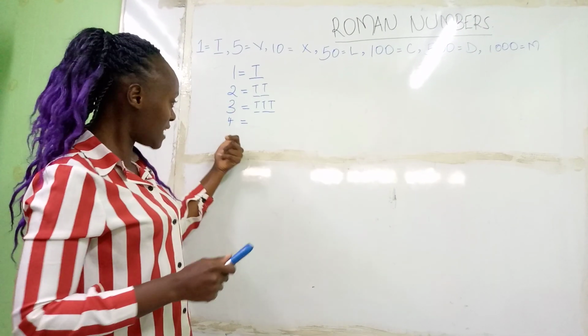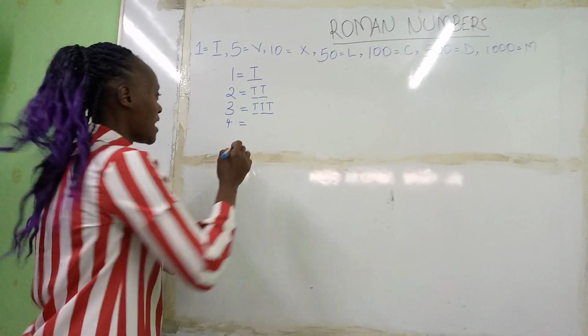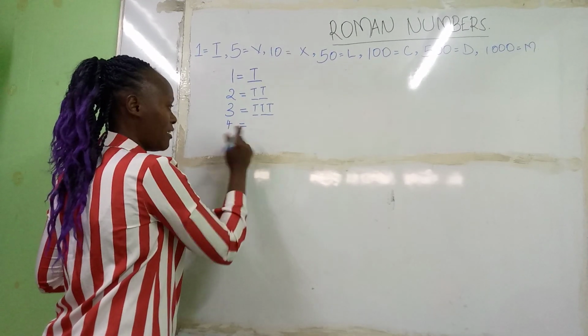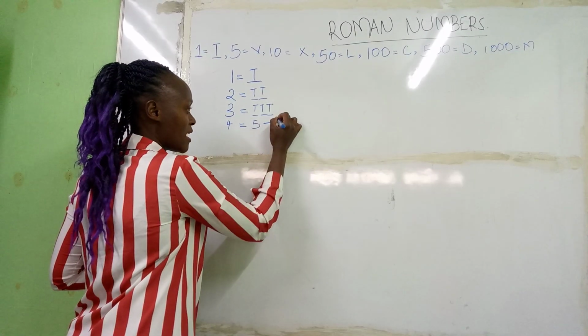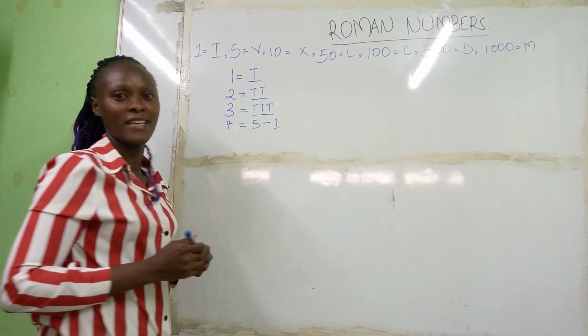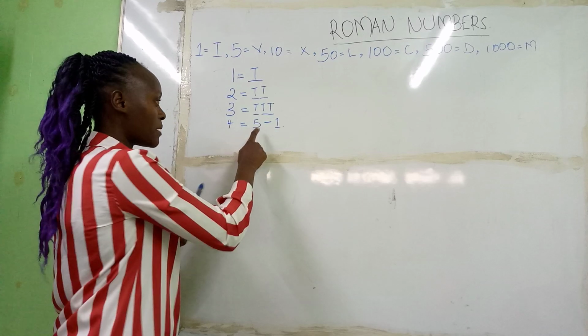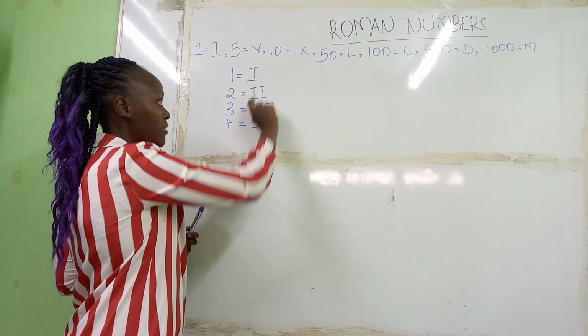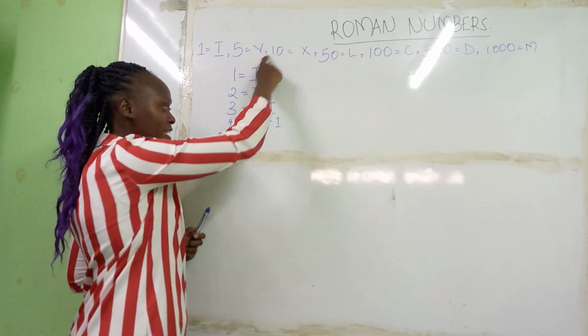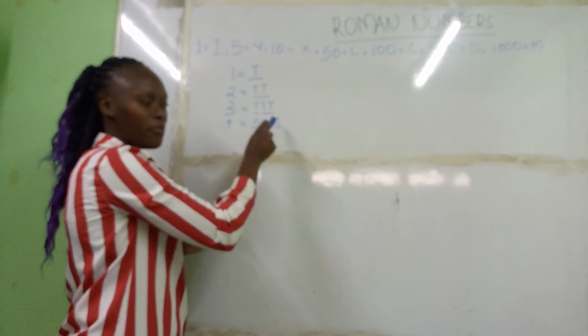When we get here, the number 4 is 5 minus 1. And why did I pick 5? Because 5 is close to 4, and we already have a letter for 5, which is a V, and we already have a letter for 1.